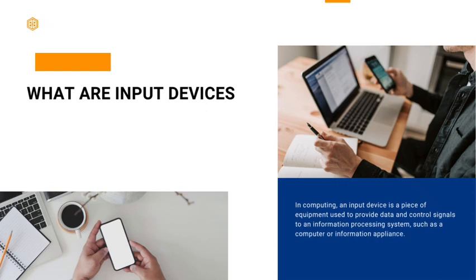Now, what are input devices? An input device for a computer is anything that sends information to the CPU to perform a specific task. A computer normally has the ability to use different types of input devices to provide a unique experience to each user.